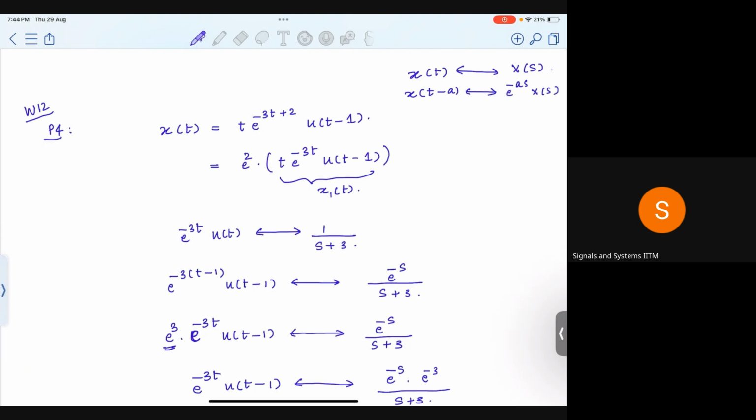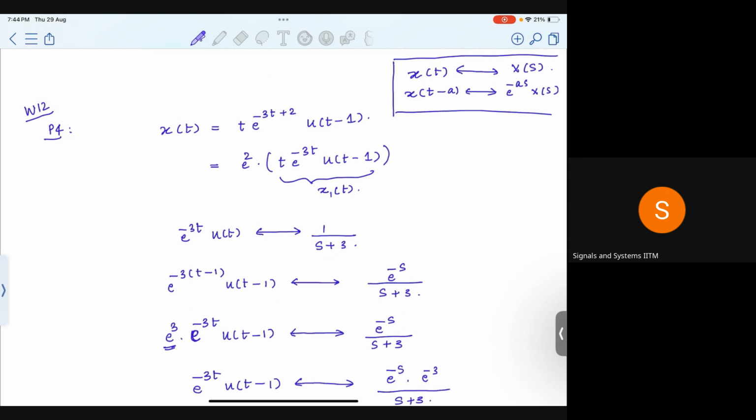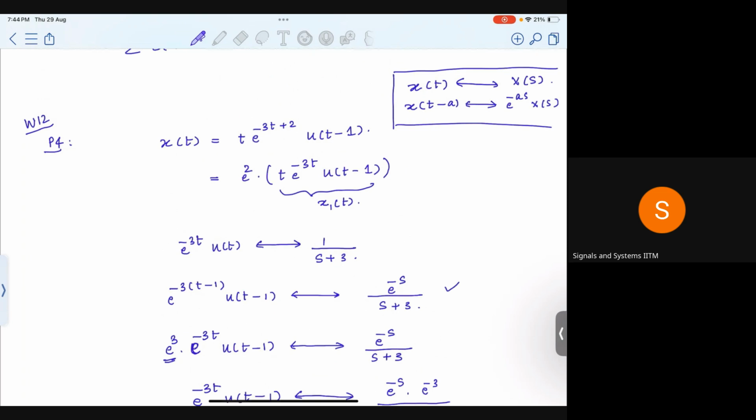Yes, ma'am, that is what we used here. Sorry, not the Fourier, it's the properties of the Laplace transform. So we use that and we get this.